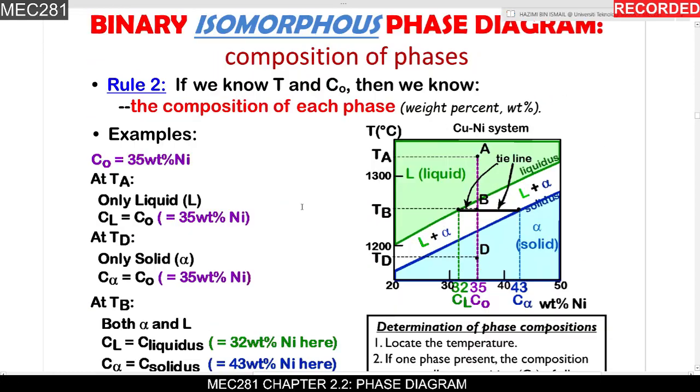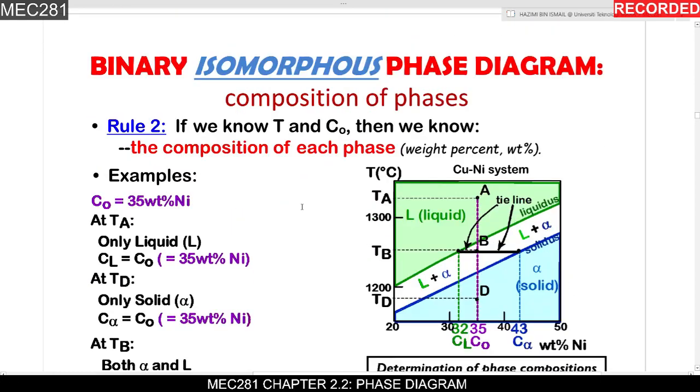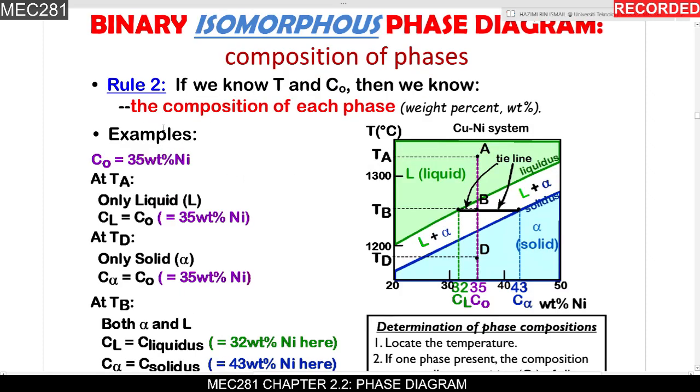Rule number 2: if we know the temperature and composition, then we know the composition of each phase, in weight percent. As an example, here at 35% nickel in a copper-nickel alloy, with composition around here.